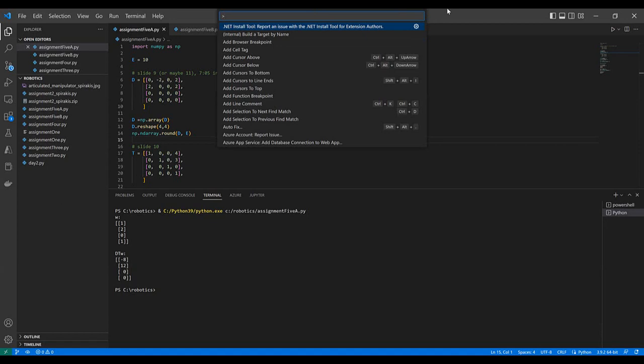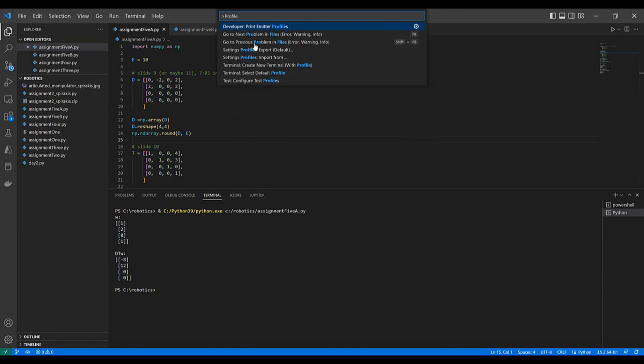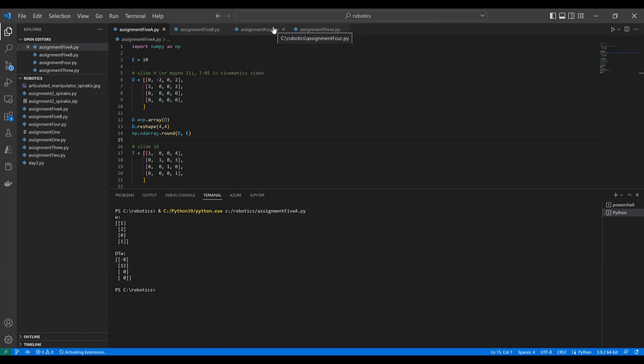Actually, exit full screen mode. Okay, here, let's go to here. Profile. So terminal, select default profile. Okay, you say command prompt.